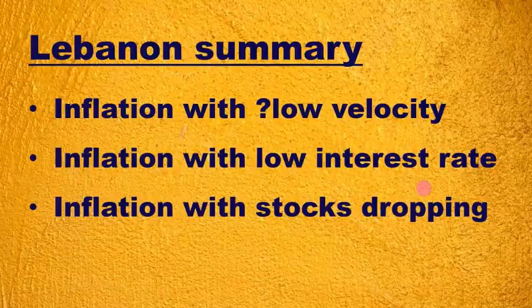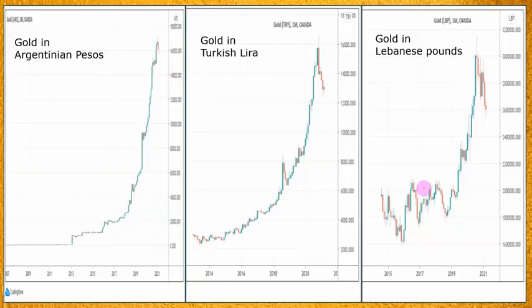So, in summary, for Lebanon, the inflation seemed to be associated with a relatively low velocity. Interest rates have been low, and stocks have been dropping. All of those just seem the opposite of what you'd expect. As you can see, we're not really getting consistent metrics here.